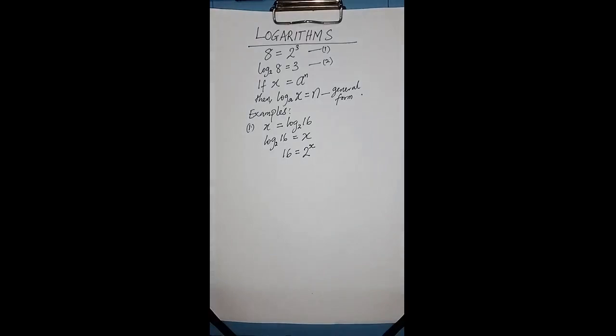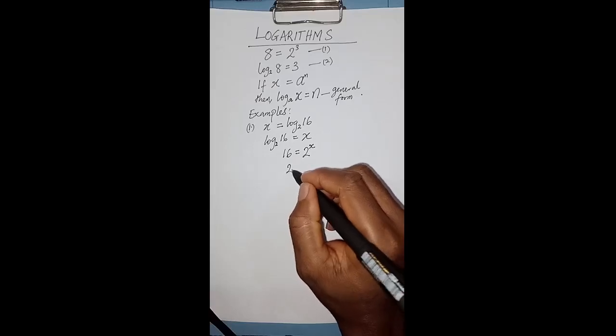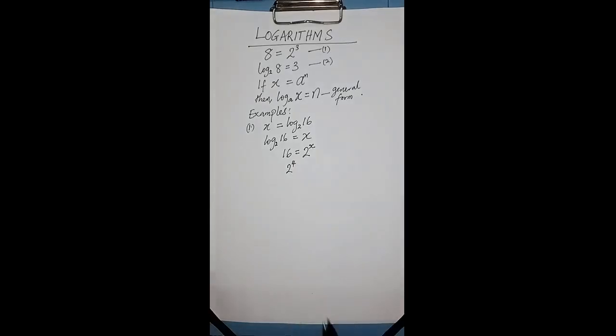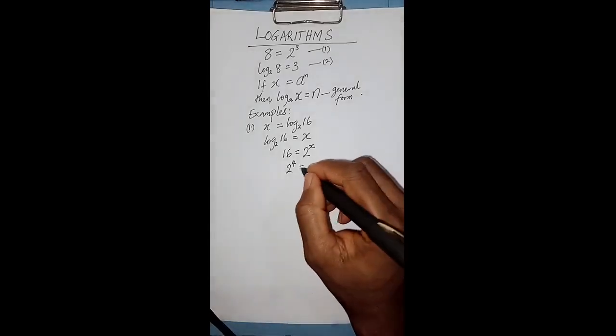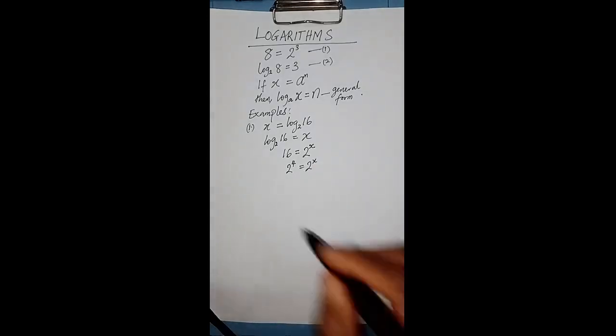I just want to look for an easier way for you to express your logarithm equation into indices. And so this will be 2 raised to power 4, because 2 times 2 times 2 times 2, 4 times, is 16. And this is equal to 2 raised to power x. See, we are back to our indices.